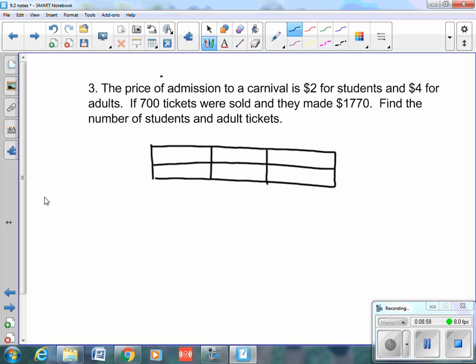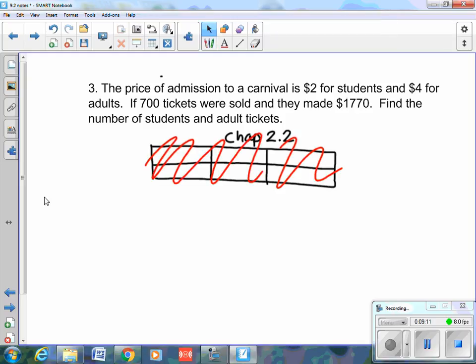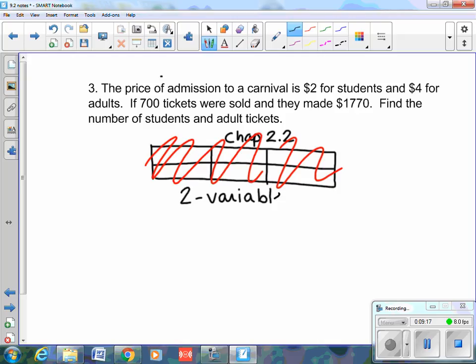I think this was chapter 2, section 2 maybe. The good thing today is we don't need to do a box chart, because now, in this chapter, we're working with 2 variables. So that'll make it way easier.